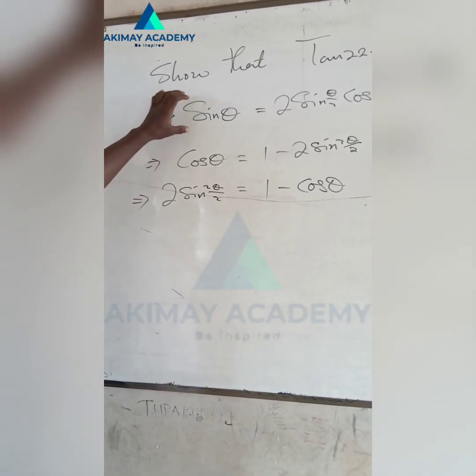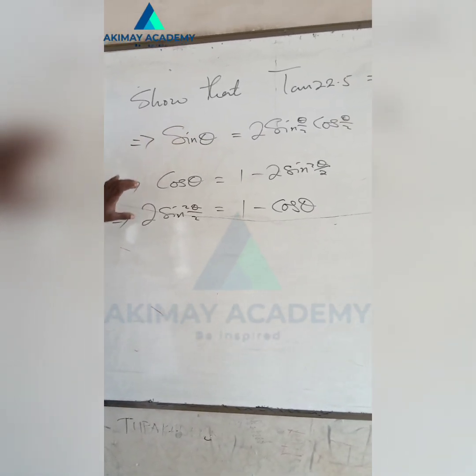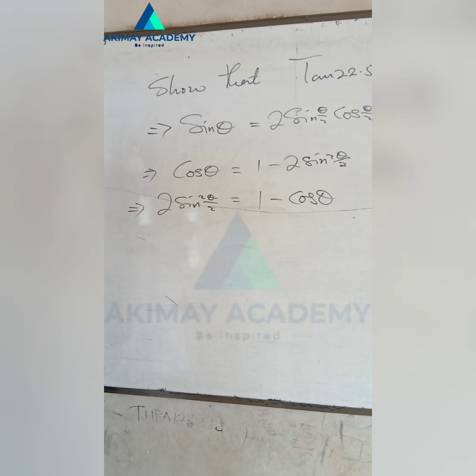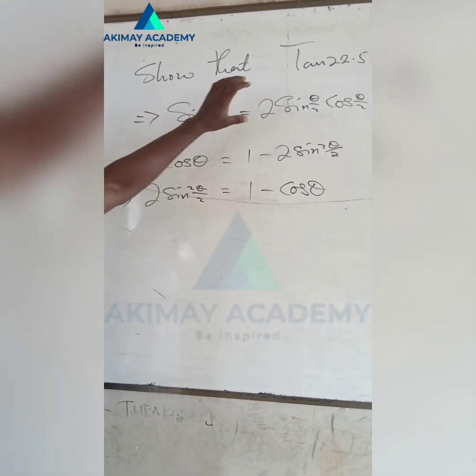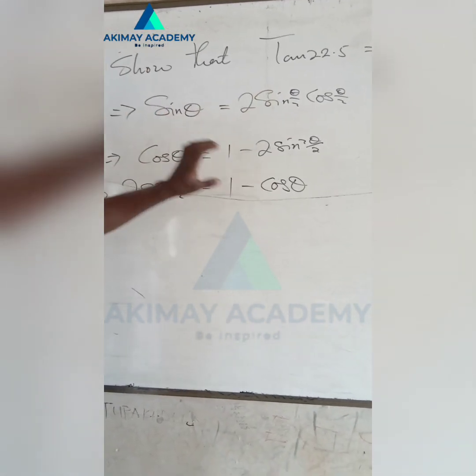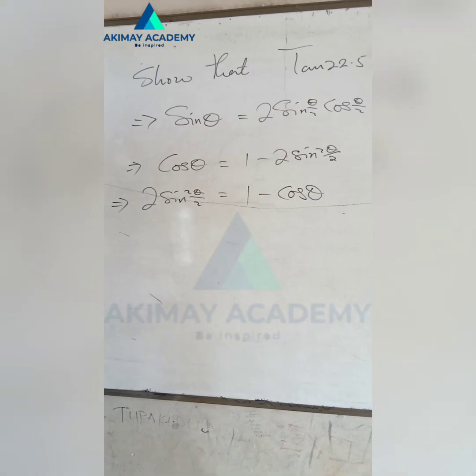So let's take equation 3 and divide it by equation 2, with corresponding values. Let's divide these sections by each other and let's see.